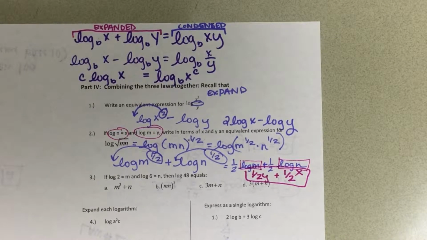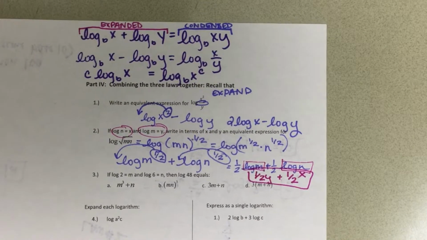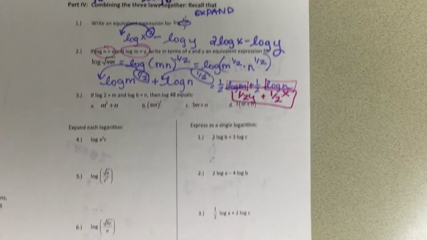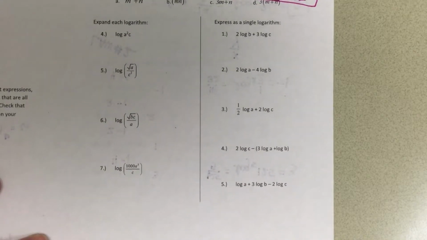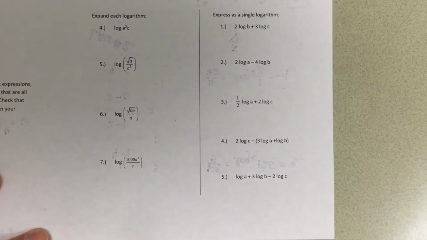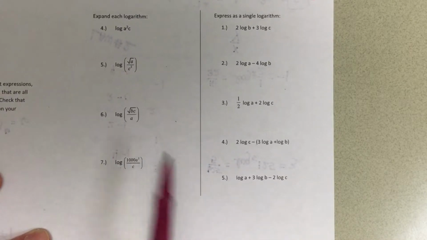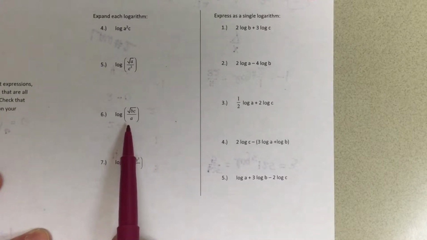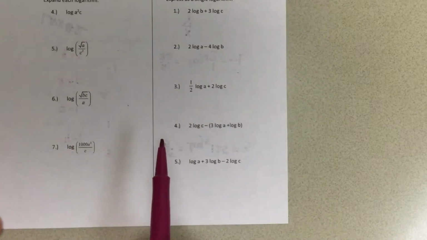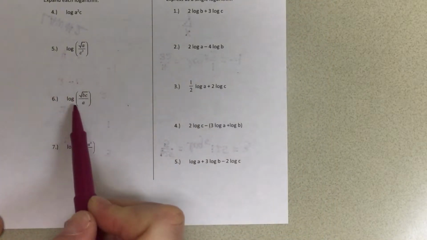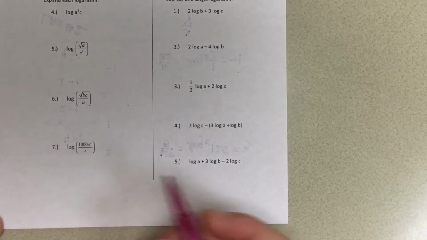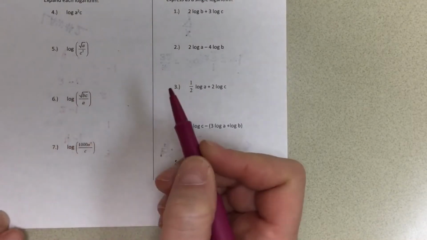Now, one last expand question that I want you guys to see is a question like 6. Now, first thing I notice is that I have division and I have a radical here.